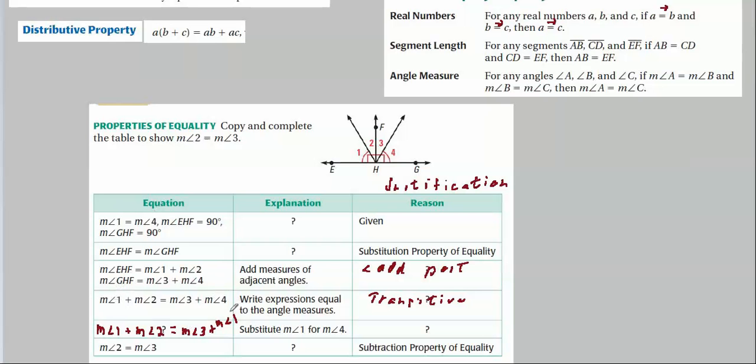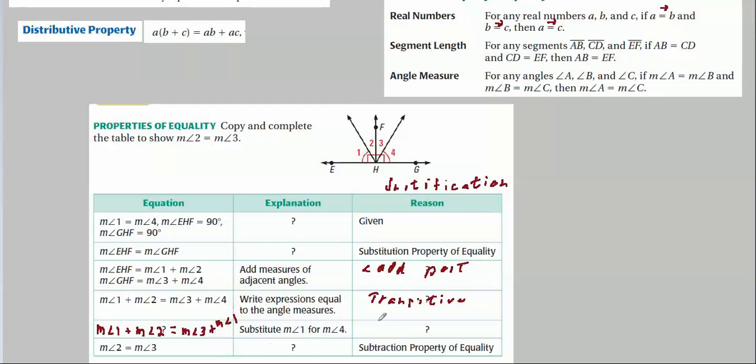And now we can use our subtraction property to subtract the measure of angle 1 from each side. And down here you just write subtract measure of angle 1 from each side, because they said subtraction property. I would probably write add negative measure of angle 1 to each side. That's entirely up to you.